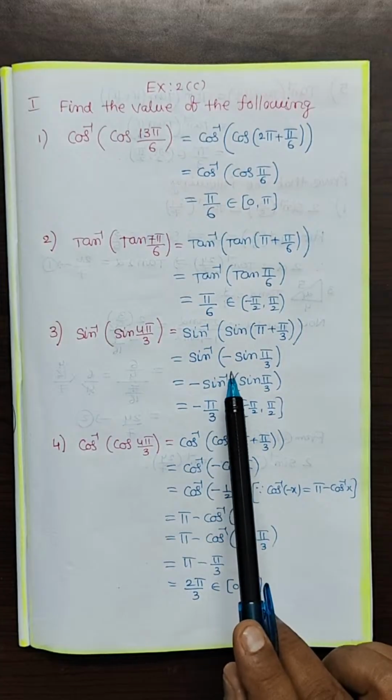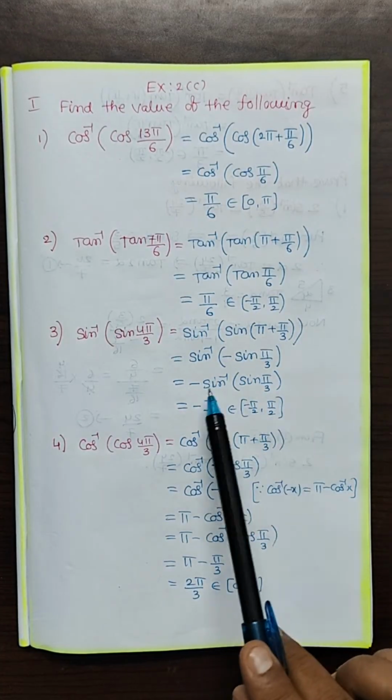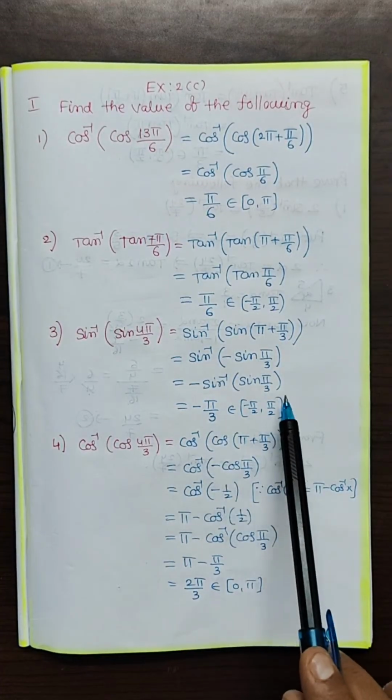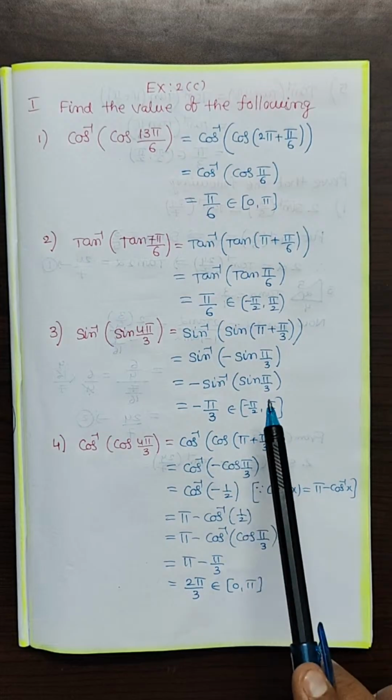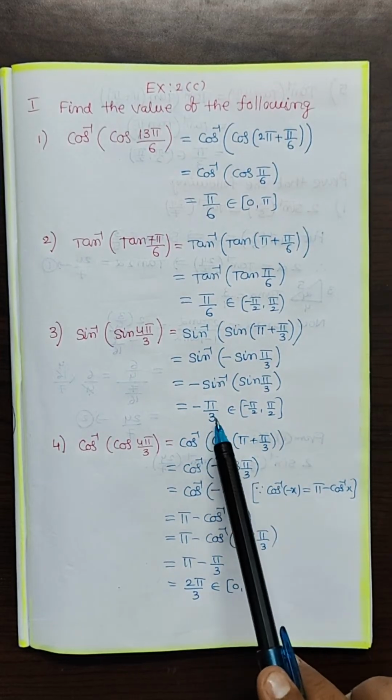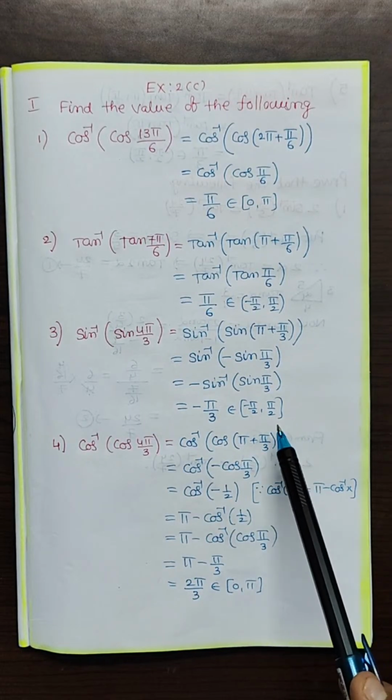So sine inverse of minus sine pi by 3. So sine inverse of minus sine x is minus sine inverse of sine x. So minus sine inverse of sine pi by 3. Sine inverse of sine x is x. So minus pi by 3, which belongs to closed minus pi by 2 to plus pi by 2.